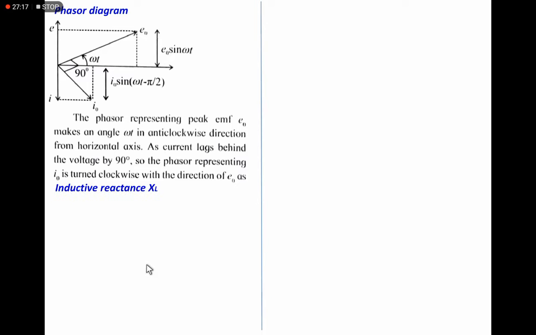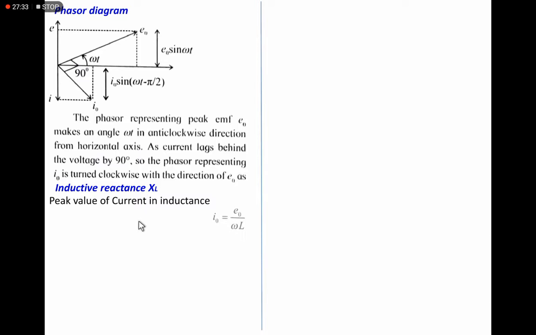Now, inductive reactance. This is a very important part of this topic, that is the inductive circuit. What is inductive reactance?